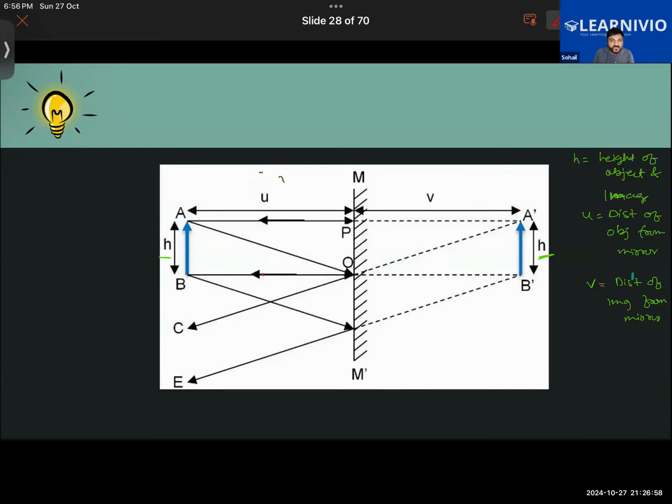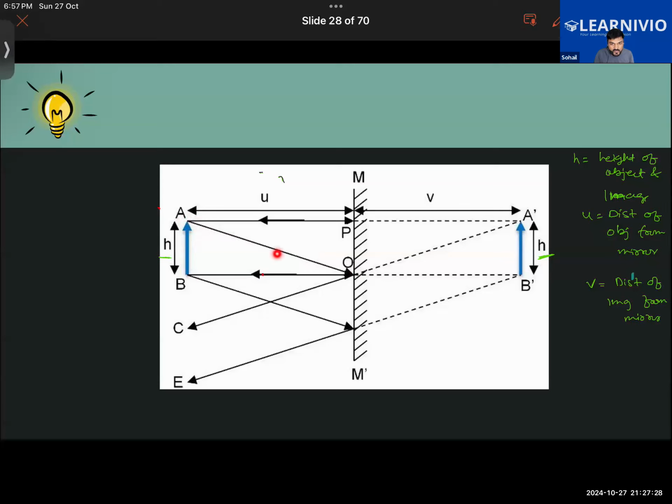Now let us consider some of the rays coming from the object AB. So this is the first ray, ray AP. Can you guys spot this one? And next is ray AO.